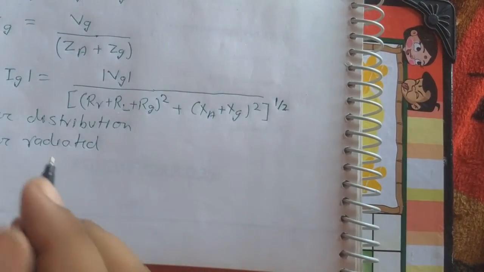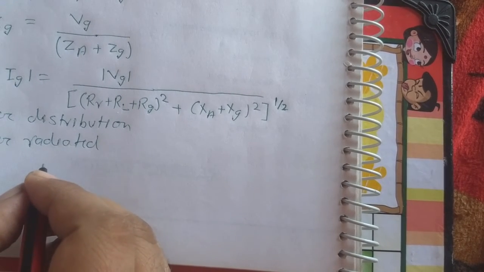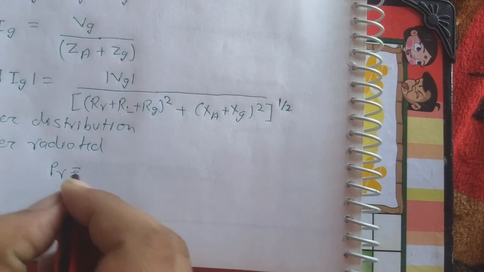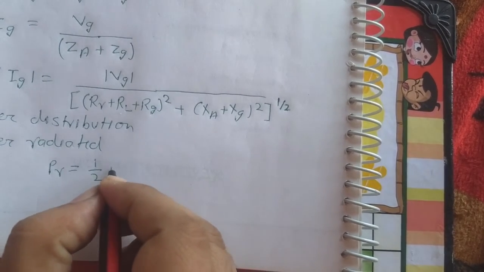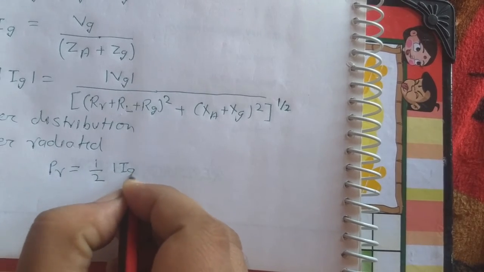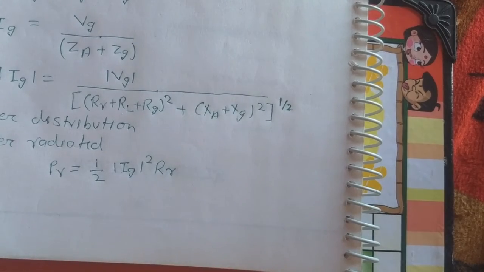Okay, so see here, power radiated PR equal to half Ig square into RR.